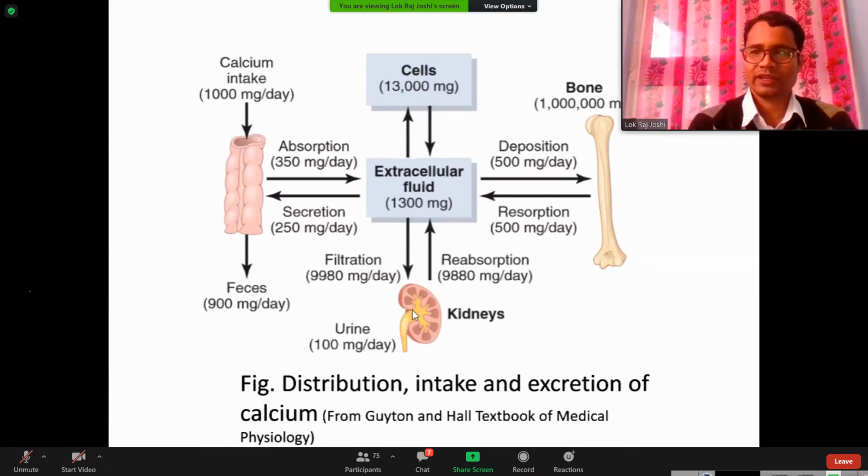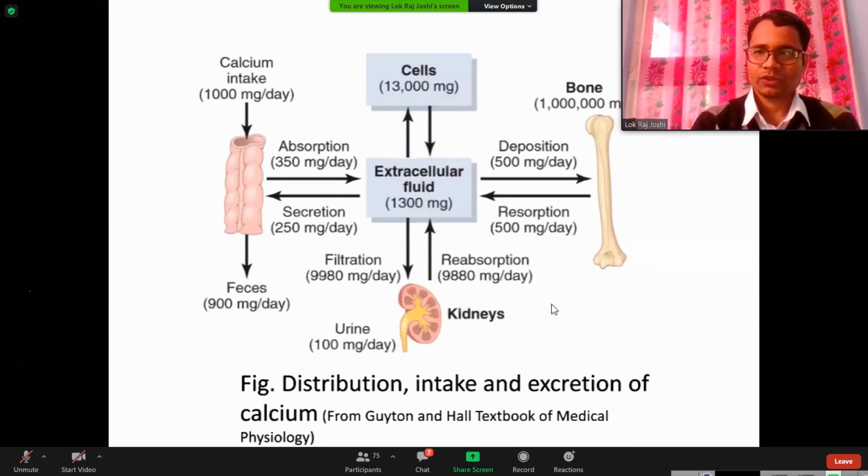And you will see later that most of the regulatory mechanisms mediated by those hormones we have mentioned are related to variation of calcium transport or release or exchange at these different levels.